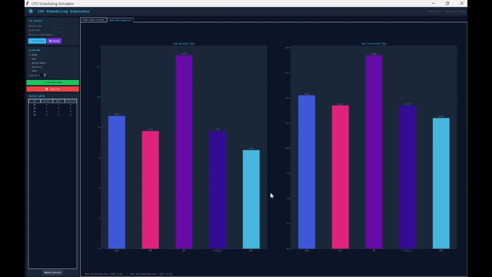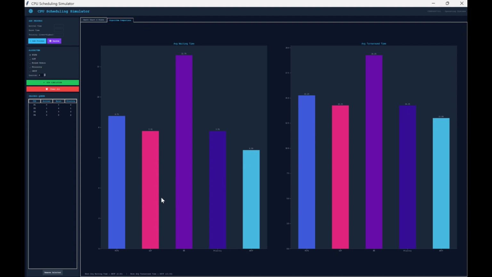It happens because in our process set, P2 has both the shortest burst time and the highest priority. So when both algorithms pick who runs next, they end up choosing the exact same process in the exact same order, which gives identical results. In this case, it's exactly the same for both the average waiting time and the average turnaround time.